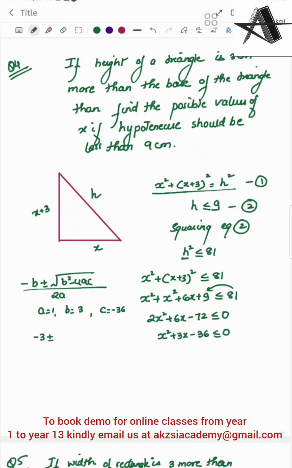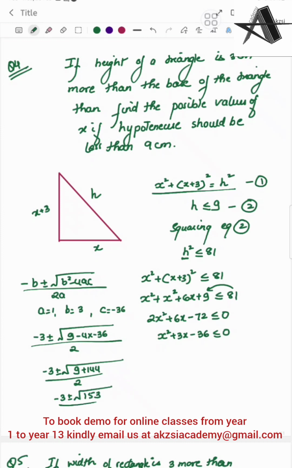Minus 3 plus or minus root of 3 squared, which is 9, minus 4 into negative 36, over 2. Minus 3 plus or minus root of 36 into 4, which is 144, 9 plus 144, over 2. Minus 3 plus or minus root of 144 plus 9, which is 153, over 2.